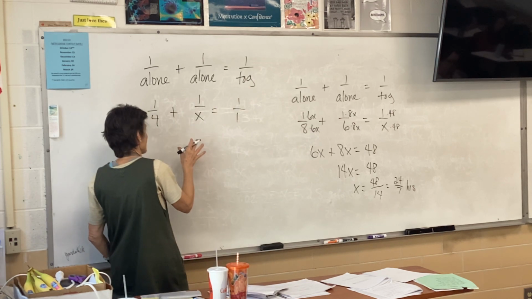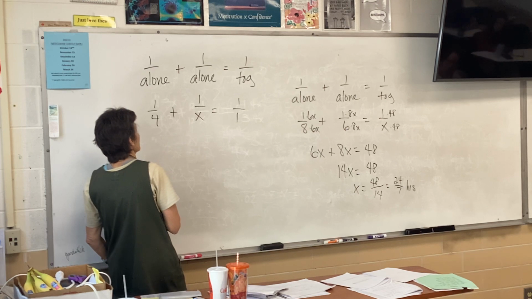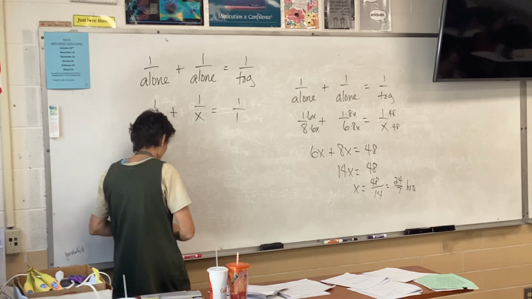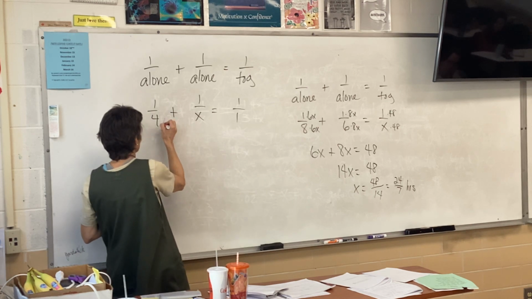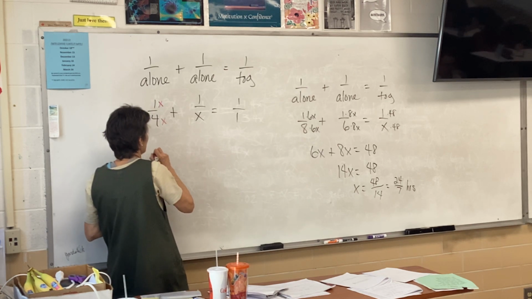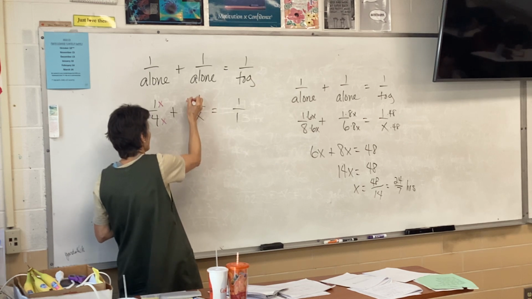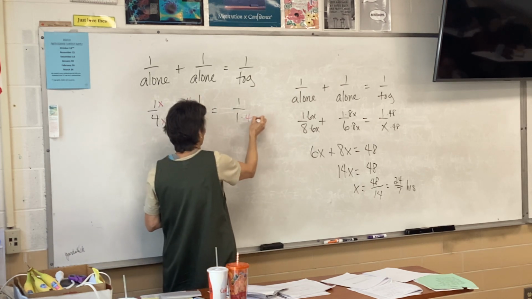We need them all to match. So what do we need them all to be? 4x. So we're gonna multiply this one by an x, this one by a 4, and this one by a 4 and an x.